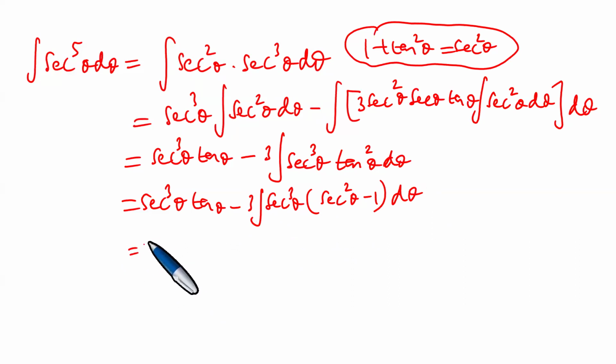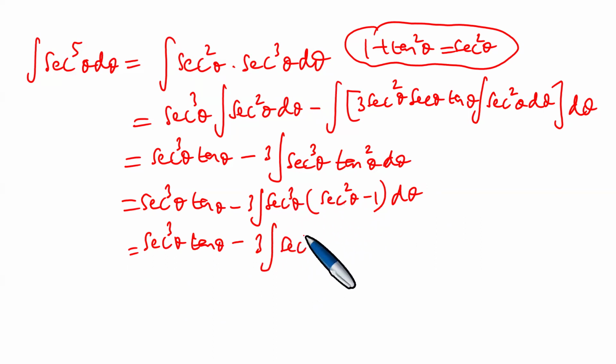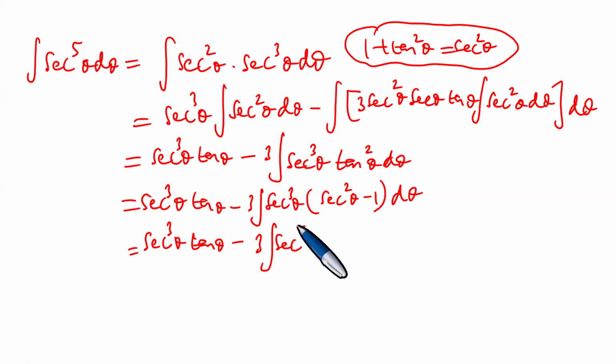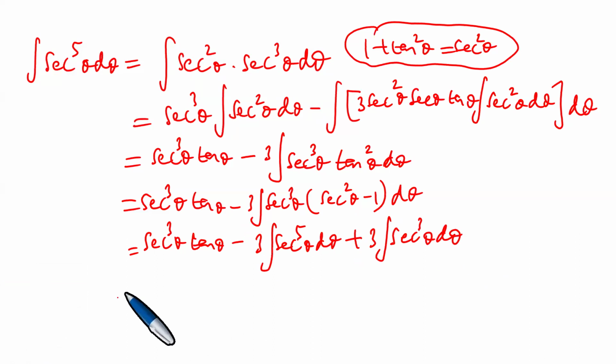Right, and what is this? This is the secant cubed theta tan theta minus, so you multiply this out and it becomes minus 3 the integral of the secant squared, secant cubed, secant squared would give us the secant to the 5th power. So you have the secant to the 5th power of theta d theta, and then now you actually deal with this, and this is going to be exactly plus 3, the integral of the secant cubed d theta, which is the secant cubed theta, and this is the tangent of theta.